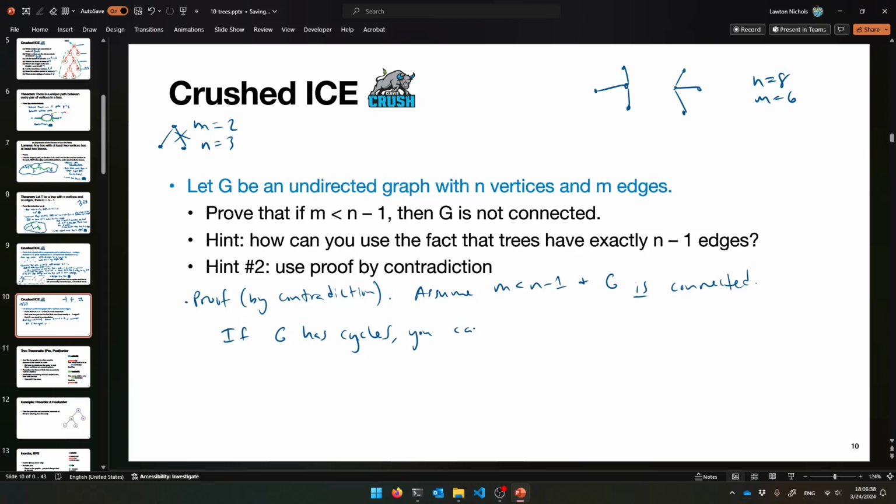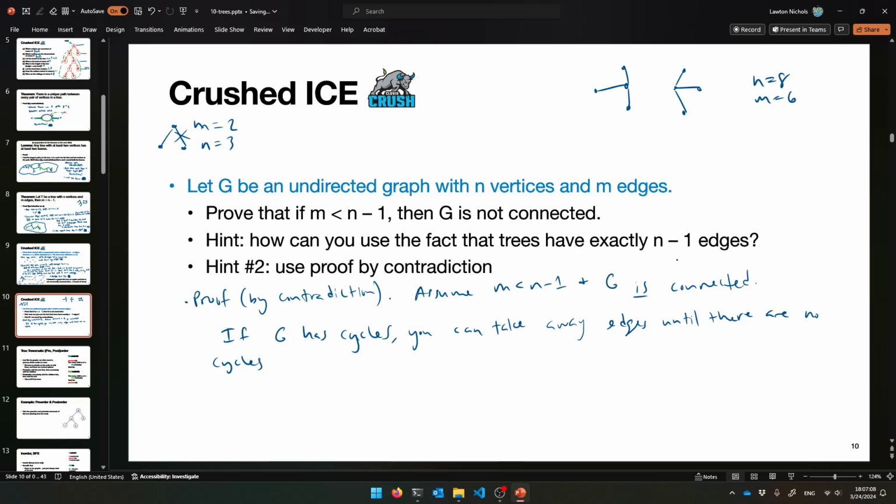You can take away edges until there are no cycles. So do that. Let's whittle down the edges as much as possible and keep it connected, because we're assuming it is connected, until there are no cycles. There are no cycles in a tree, and we're trying to talk about trees in a second.